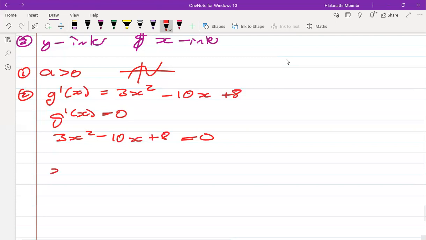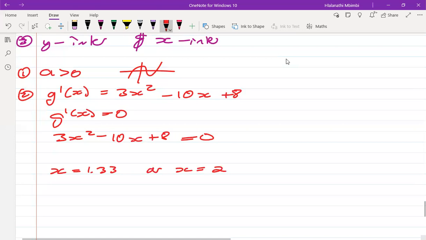The first x value is 1.33, and the second one is x equal to 2. So that's the points that we've had, it's just the x values.